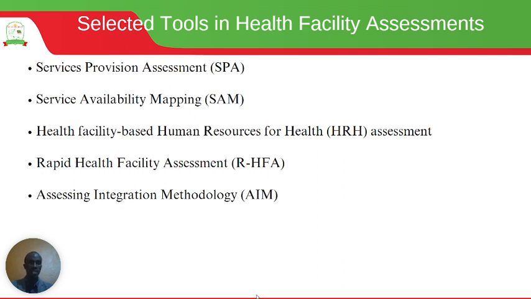We also have service availability mapping or the SAM, and the health facility based human resource for health or HRH assessment. Then we have the rapid health facility assessment, which is always conducted during crisis or during times of disasters. And then we have the assessing integration methodology or the AIM tool. And we shall look at each of these individually.